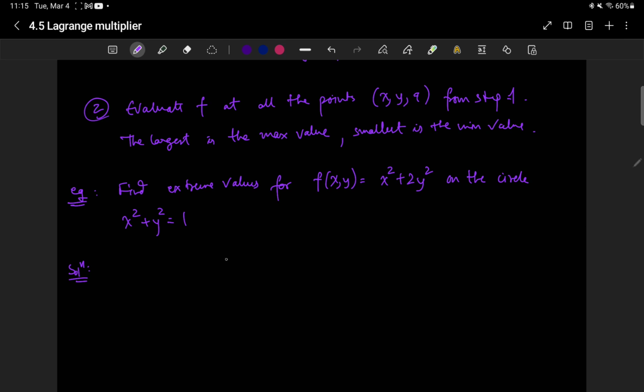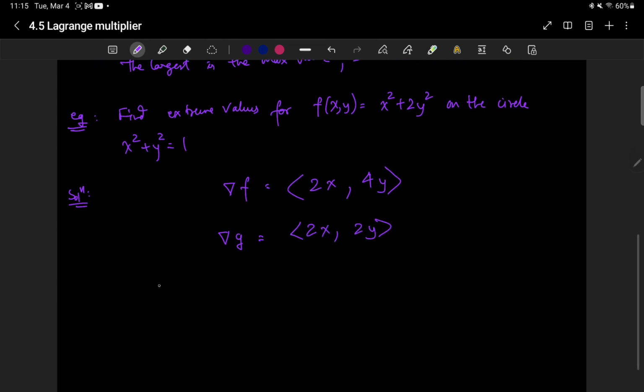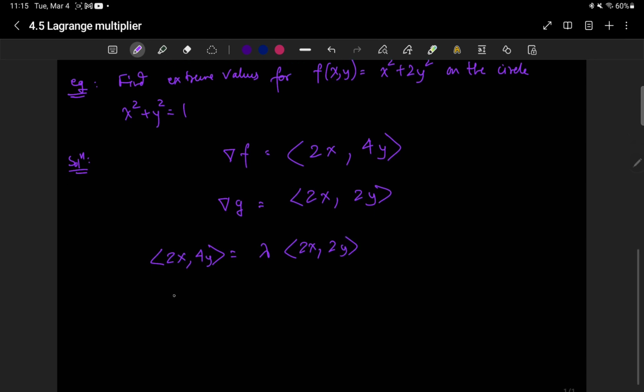Okay, so we start with f. Remember, the gradient of f is going to be a vector with x and y components, so that's going to be the partial with respect to x and the partial with respect to y. And the gradient of g is also the partial with respect to x and the partial with respect to y. So what we are solving is this vector (2x, 4y) equals lambda times (2x, 2y), which means we can compare them component-wise.